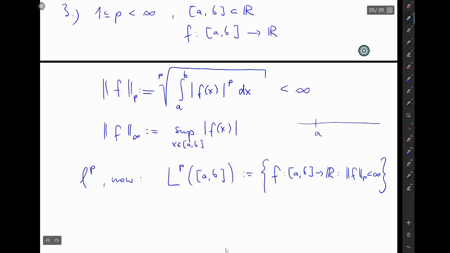If somewhere on your interval a, b the function is not 0, but in every other point it is 0, then I think that integral will give you 0, although it's obviously not the 0 function. So you get some runaways like this, and what you have to do is a bit technical. You have to put them all in a class and factor it out. My suggestion is not to worry too much about these things.